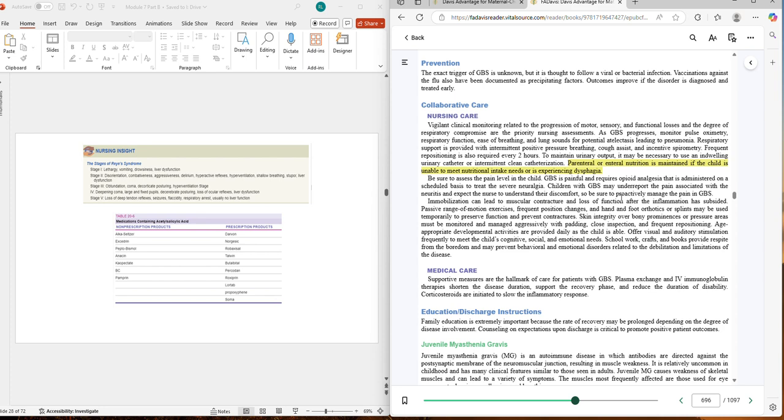So this is what I want you to write down for Guillain-Barré, okay? So if there's decreased lung sounds, decreased respiratory rate, and decreased O2 sat, you need to be calling the rapid response team and prep for intubation immediately.